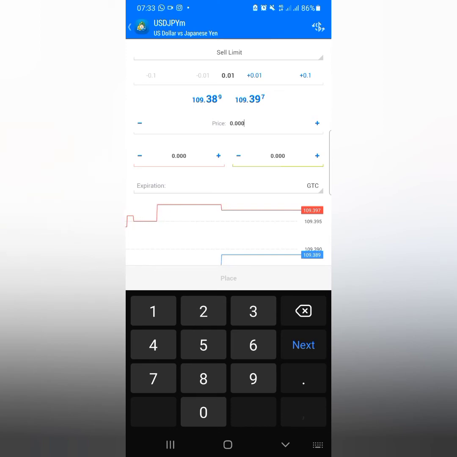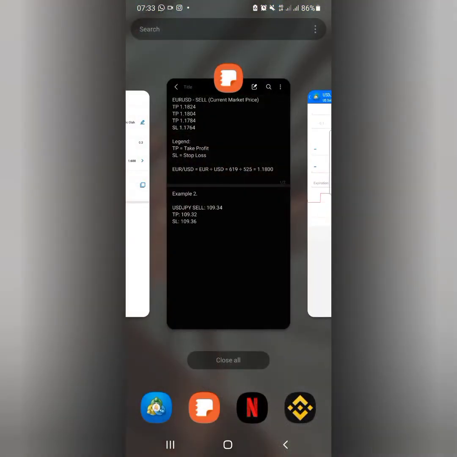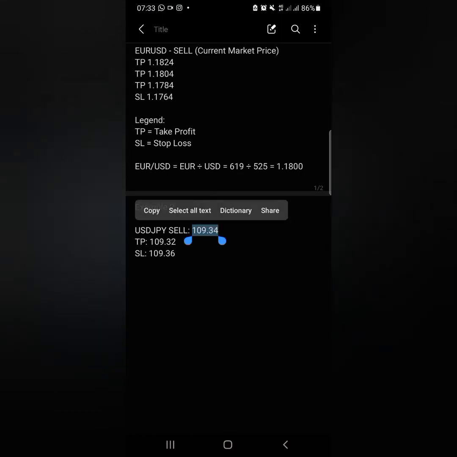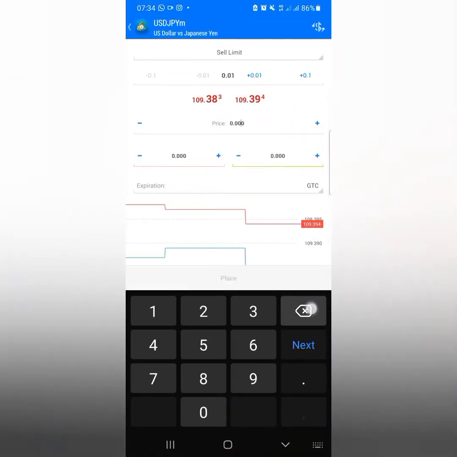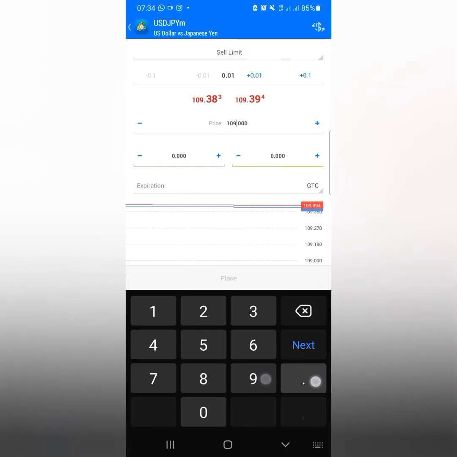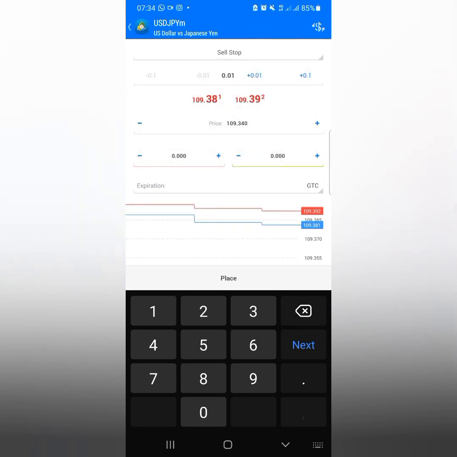How do you sell the order? The signal says you should sell at this price, 109.34. So I'm just going to insert this, 0.34. I think sell stop is when the current price is above. Obviously 109.38 is higher than 109.34.